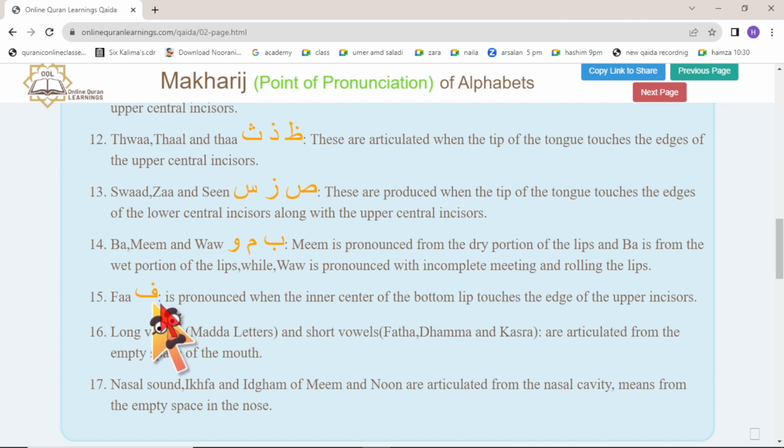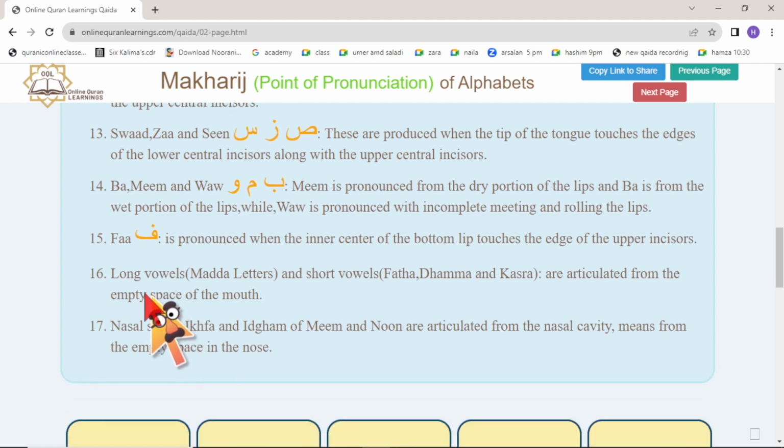So whenever we pronounce fa, our upper central incisors touch the bottom lip and fa is pronounced. Fa. Repeat after me. Fa.